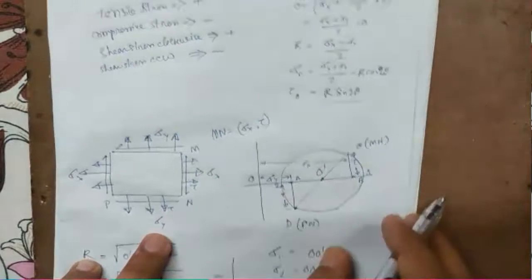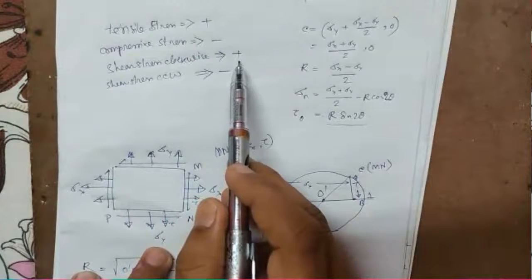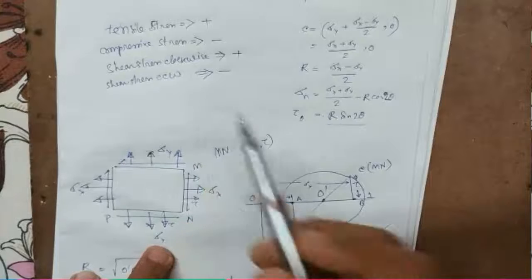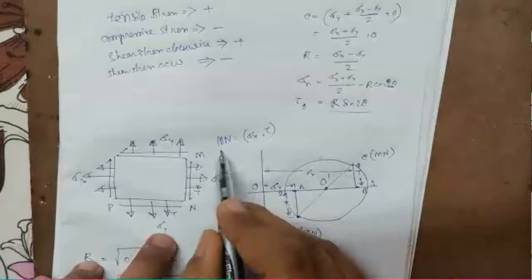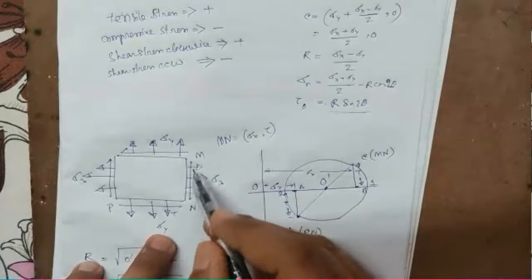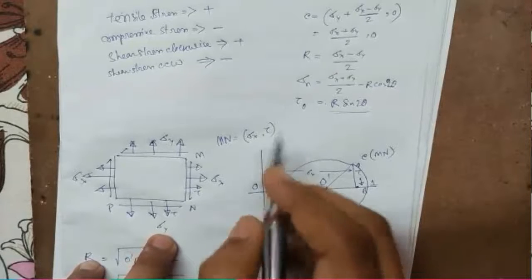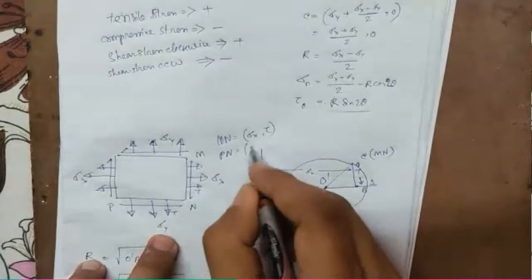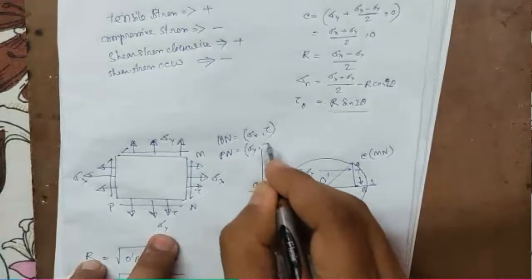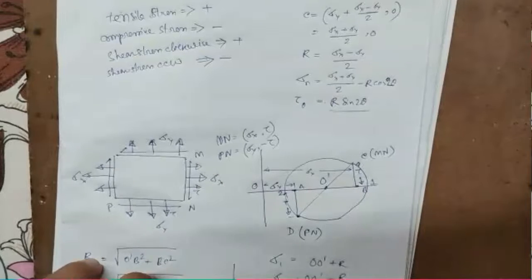Shear stress clockwise is positive, and shear stress counterclockwise is negative. We will follow that sign convention. So this MN plane has stress condition sigma x comma tau, and this PN has stress condition sigma y comma minus tau. Minus because the shear stress here is counterclockwise.